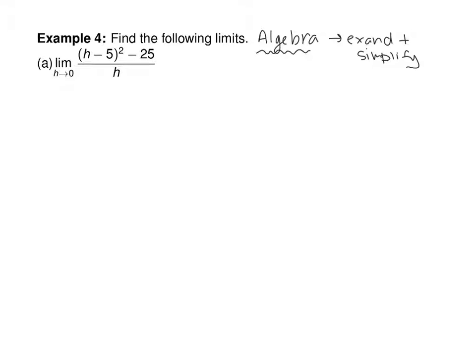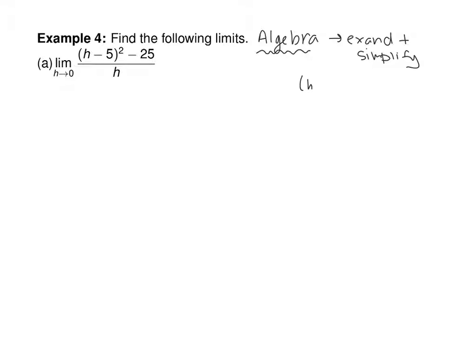So in this question, you can't just plug in 0 because the denominator is 0, and dividing by 0 is bad, right? It just doesn't work. Numerator is 0 too. So what could you do with h minus 5? You could expand it, right?